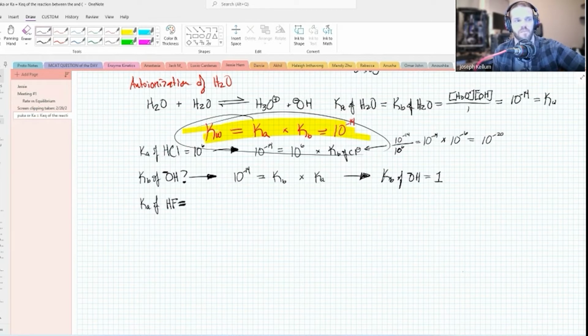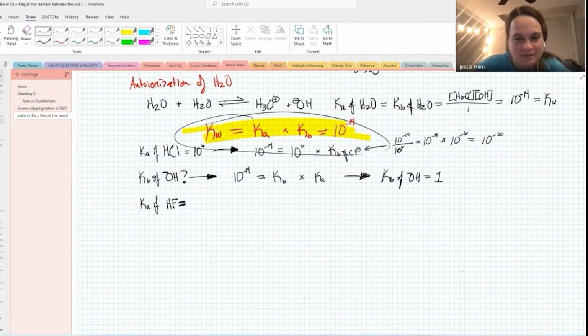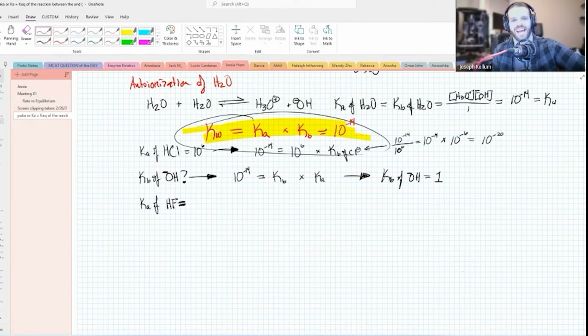So how would you know that HF is a weak acid if you didn't just know it off the top of your head? Because you can predict it. Is that like a periodic trends situation? Yeah, it definitely is. All of the hydrogen halide acids, meaning HCl, HBr, HI, are strong acids except HF.